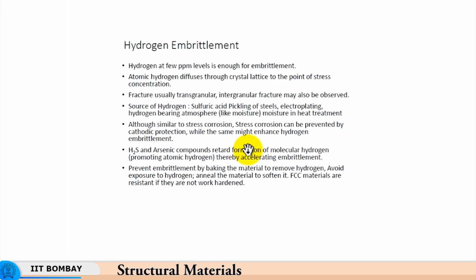Wherever hydrogen can get entrained in the material, for example heat treatment in a protective atmosphere with some percentage of moisture, that is enough to cause embrittlement, because hydrogen at ppm levels is enough to cause brittle failure. That is the reason why the heat treatment atmosphere should be maintained devoid of moisture.